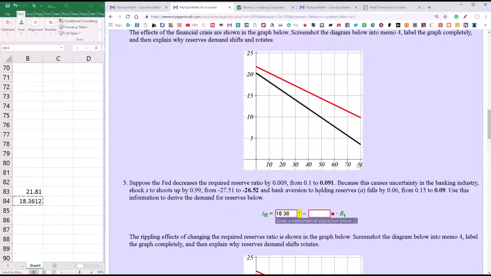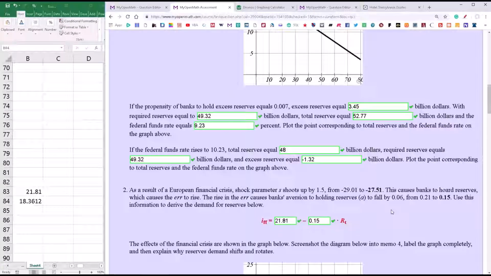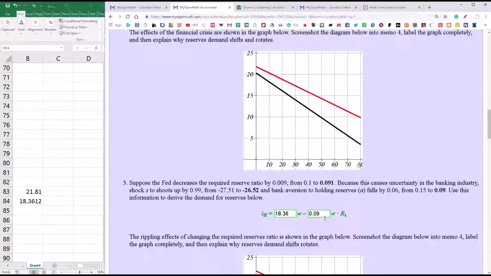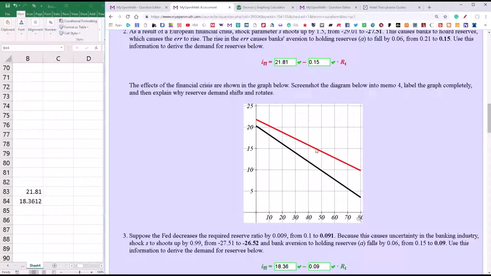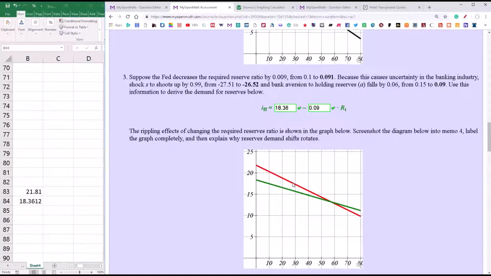The new aversion to holding reserves fell another 0.06 to 0.09. So we hit enter to see if we got it correct. And we do. So the demand curve goes from red to green. The intercept of demand fell quite a bit, and it got even more elastic as a result of the Fed changing the required reserve ratio.